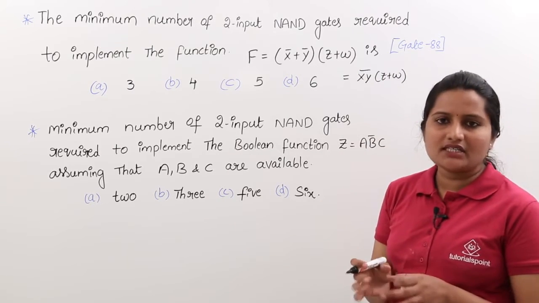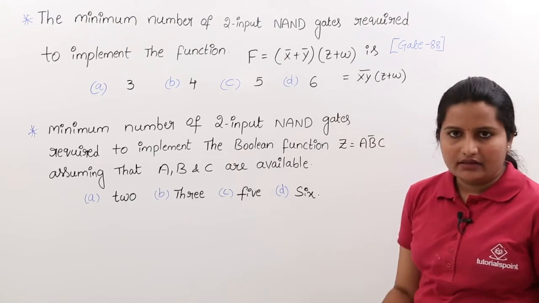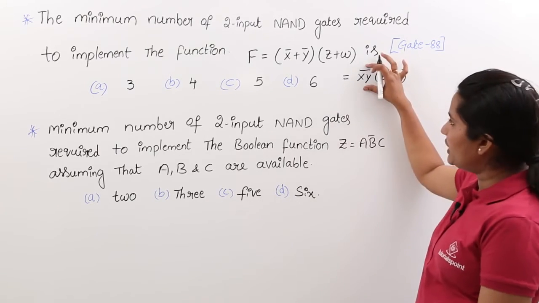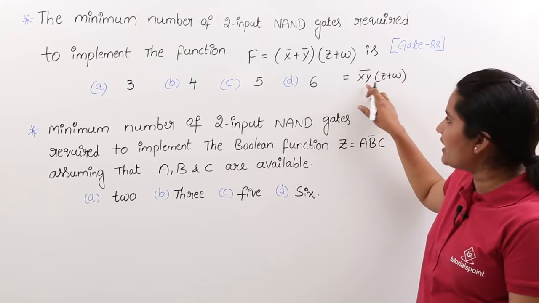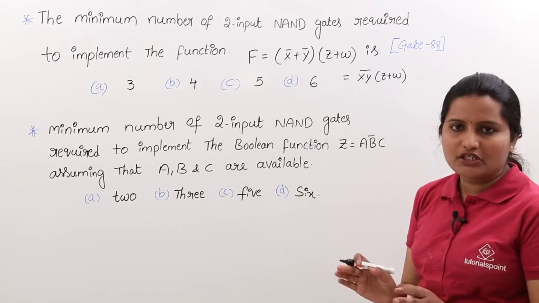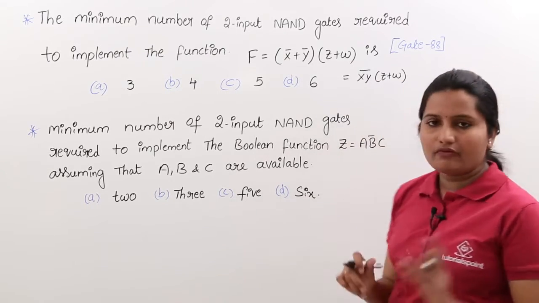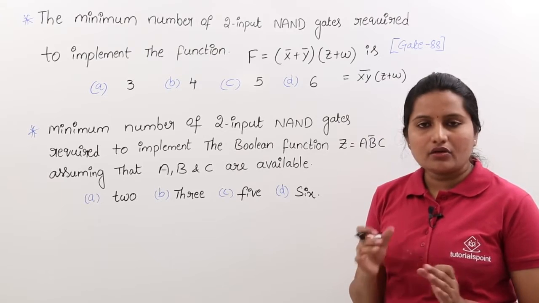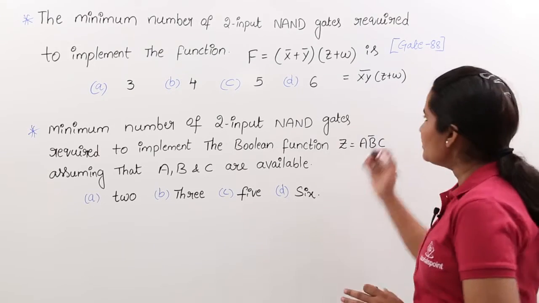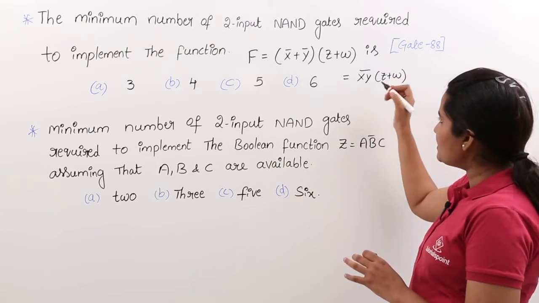For simplification, I am considering xy as some d, because this is a NAND gate. Definitely this is a 2 input NAND gate, because x and y are inputs and the bar means NAND operation. So by this step itself, one NAND is needed.